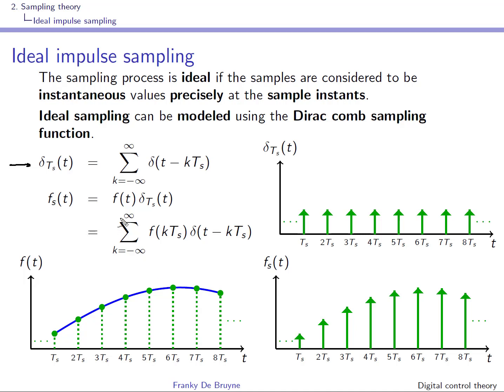If you multiply this Dirac-Comb with the function that you're sampling, you obtain the sampled function fs, and if you use the Dirac sifting property, this is what you obtain, and this is how it looks visually. You can see here that the impulse train has been modulated by the function f(t) at the sampling instances.